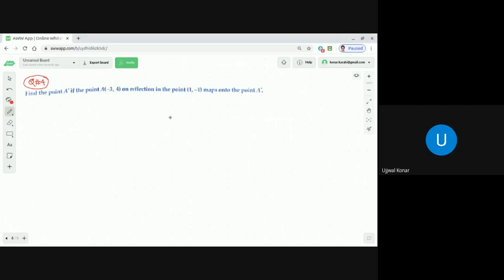If I draw the diagram, this is the point A having coordinate minus 3, 4. This is the point A dash having coordinate alpha, beta, or in the theory we discussed, p, q.